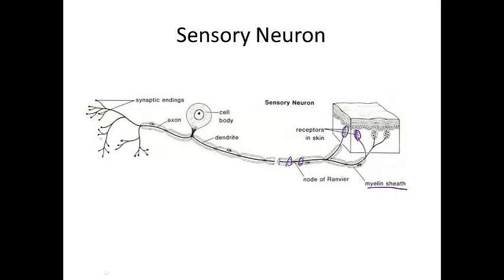And what that is, is a jelly roll like layer of phospholipids, which wraps around and around and around, providing insulation for the neuron. And when I say insulation, I mean insulation for the electrical signal. So that's called the myelin sheath, and it's made by the Schwann cells.